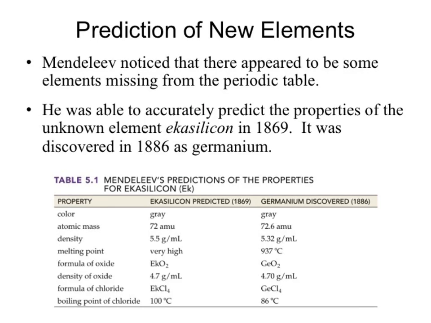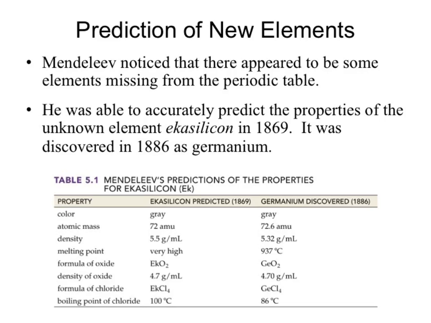So if we go through and take a look, he predicted in 1869 the existence of something he referred to as eka-silicon. Color. Well, that's kind of boring. Almost all of our metals are gray. Whoop-de-doo. The atomic mass? We don't even know what a proton is, or an electron, yet he's predicting an atomic mass. That's pretty cool. Physical properties?